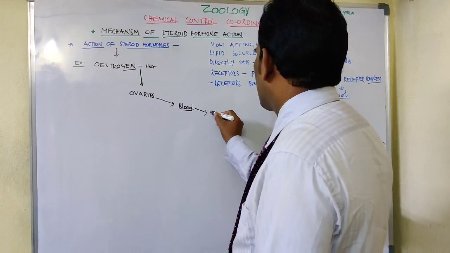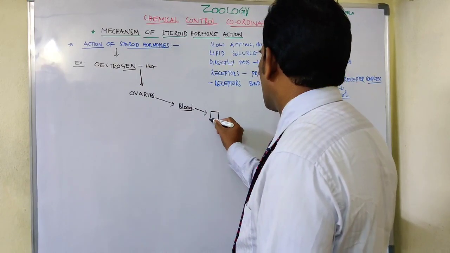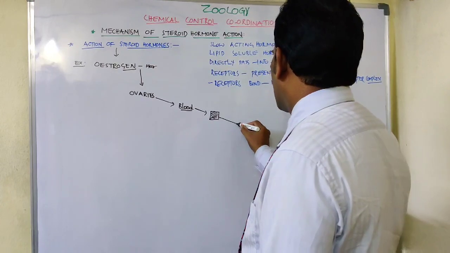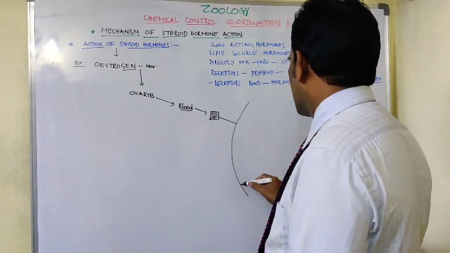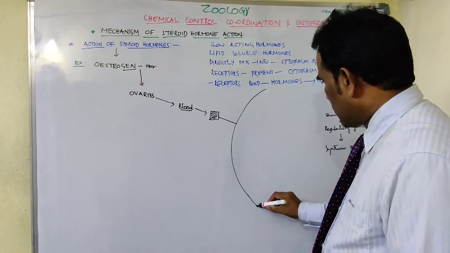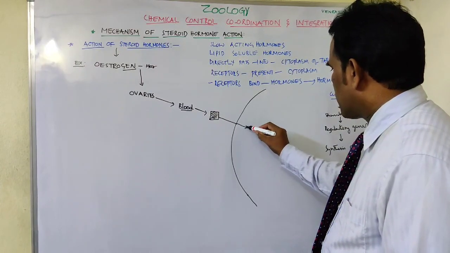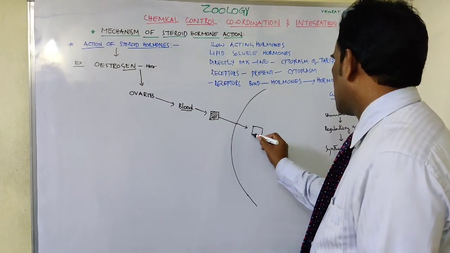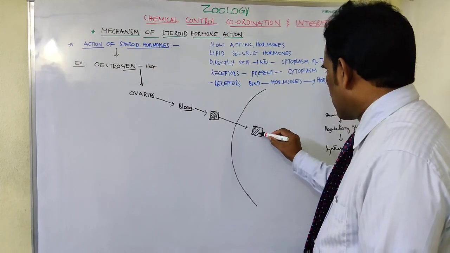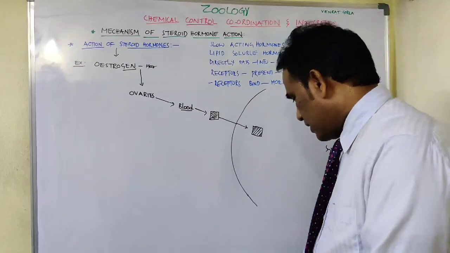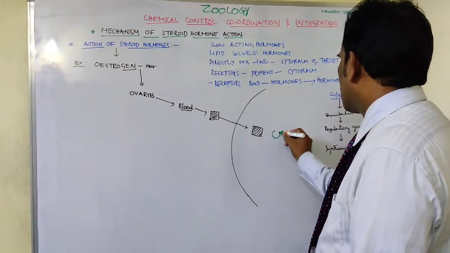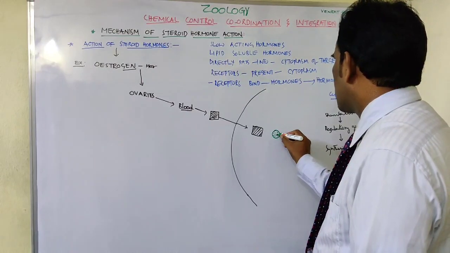In detail, if we draw the diagrammatic representation: into the blood, from the blood this hormone directly enters the cell, through the membrane of the cell into the cytoplasm. In this cytoplasm, the receptors are present for this hormone.